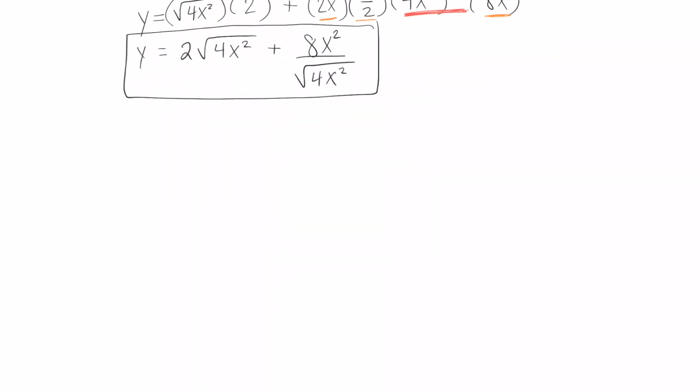Okay, let's look at quotient. If we do quotient rule, let's see. x squared plus, I don't know, 4x squared over 2x plus 3 cubed.